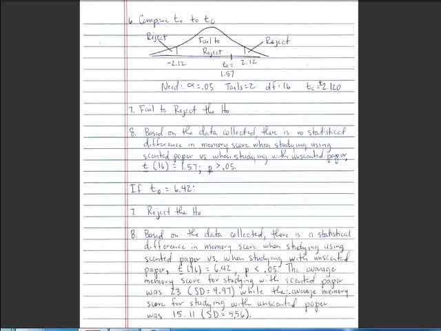Continuing the sentence, while the average memory score for studying with unscented paper was 15.1, SD = 5.56. And I believe what I did is just subtract something off the mean of the non-scented group. And so this is an example of how you would write this up if you had found statistical significance.